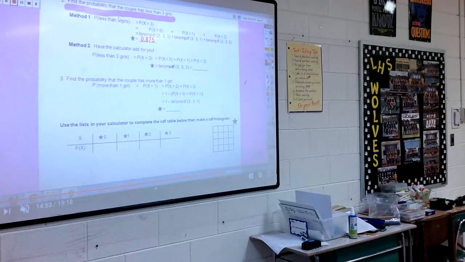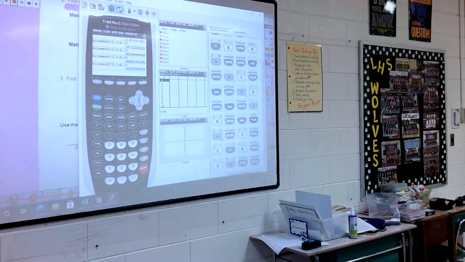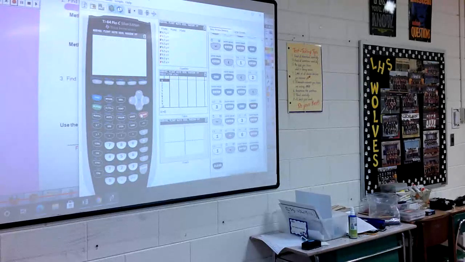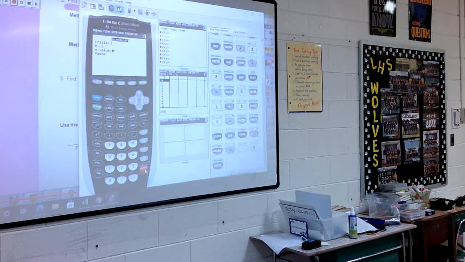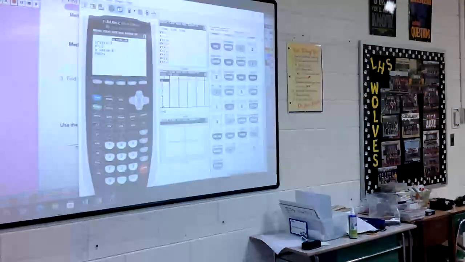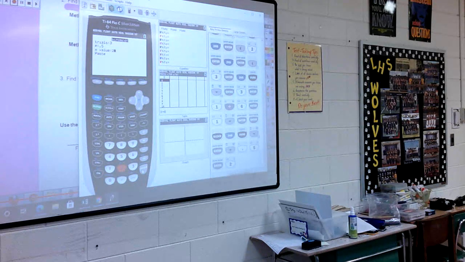So we would go to our calculator, and instead of finding 0, 1, and 2, we would just scroll down until we get to binomial CDF, and we would say there are 3 girls. The probability of having 1 is 50%, and we want to find the probability of having less than 3. That means our maximum number of successes would be 2.